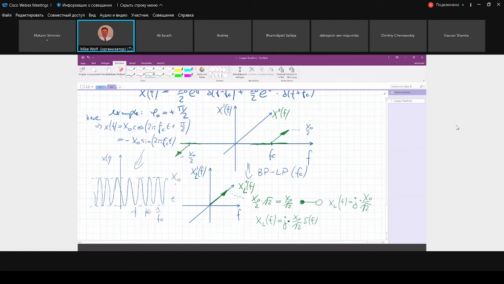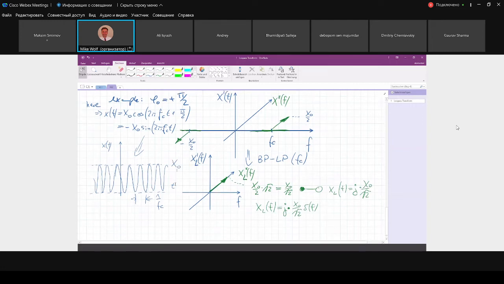So now I ask you, what is the effective value of this sine? If the amplitude is x naught, what is the effective value? It's x naught divided by square root of 2. This is the effective value. What does it mean?